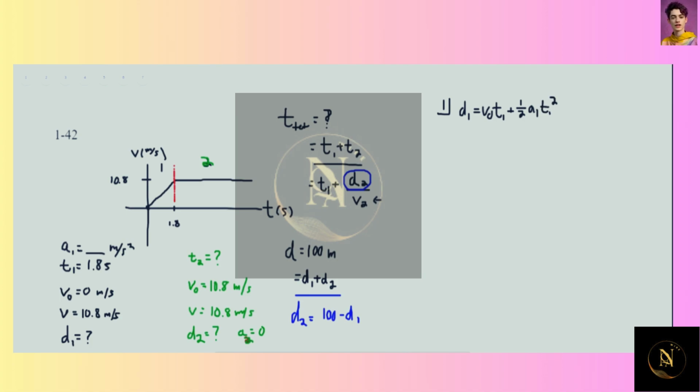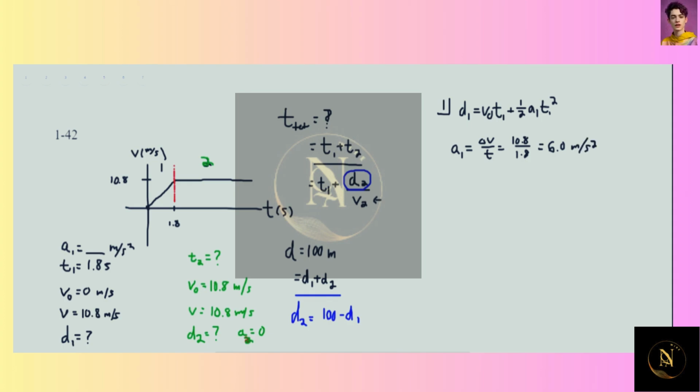So we can solve for D1 here. However, we don't know A1 yet. But A1 can be found by the change in velocity over time. Velocity initially is 0, so we can represent this as 10.8 meters per second over 1.8 seconds, which results in an acceleration of 6.0 meters per second squared.